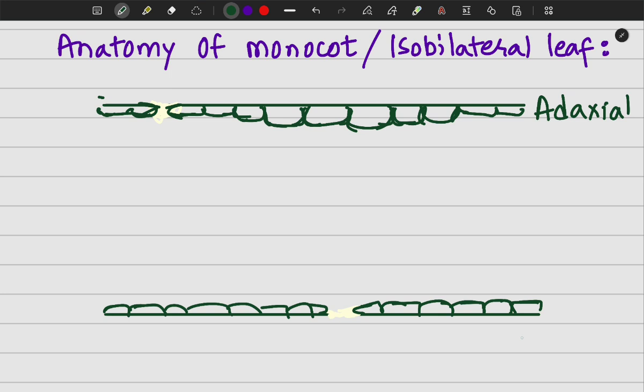Alright, so there will be adaxial and abaxial epidermis. So the first difference is the stomata will be present on both the sides, adaxial and abaxial epidermis. So here one stoma, here another stoma.